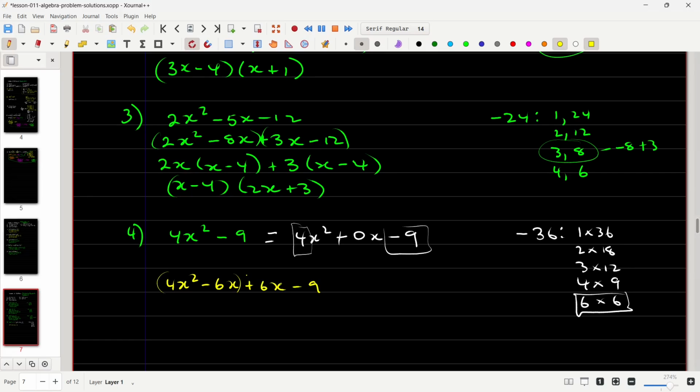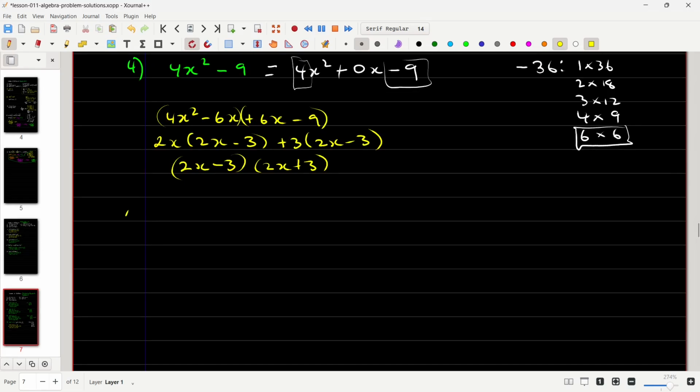And I'm factorizing these pairs right here, so I'm going to get 2x into 2x minus 3, and then I'm going to factorize here positive 3, so I'm going to have 2x minus 3, and I have 2x minus 3. Sorry, 2x plus 3.